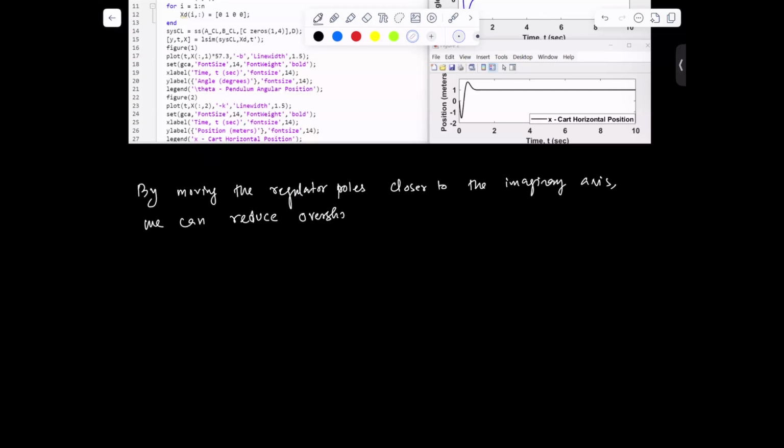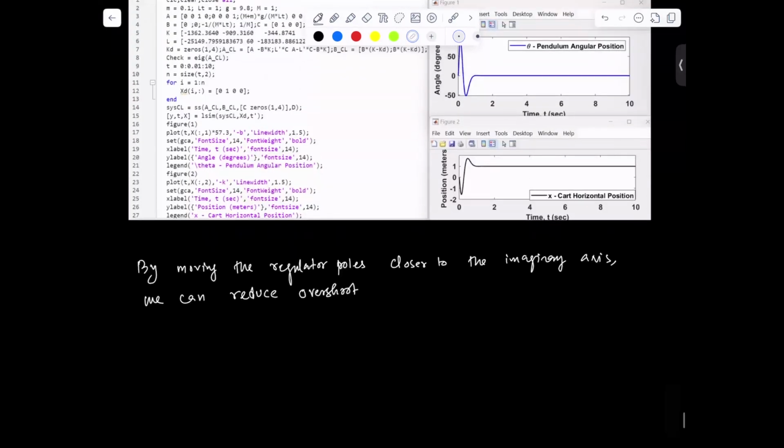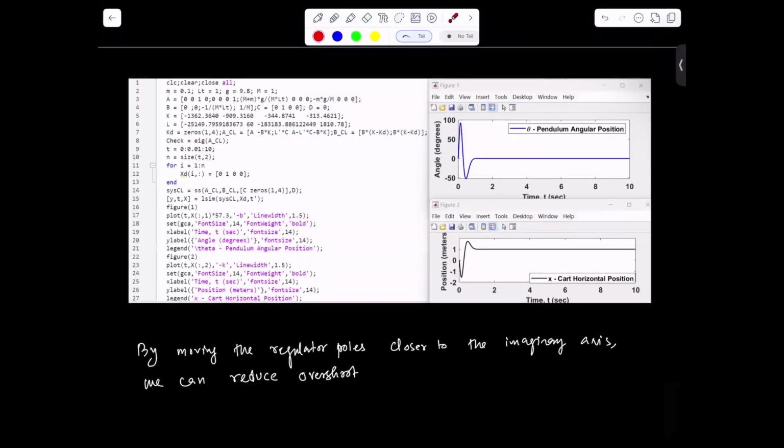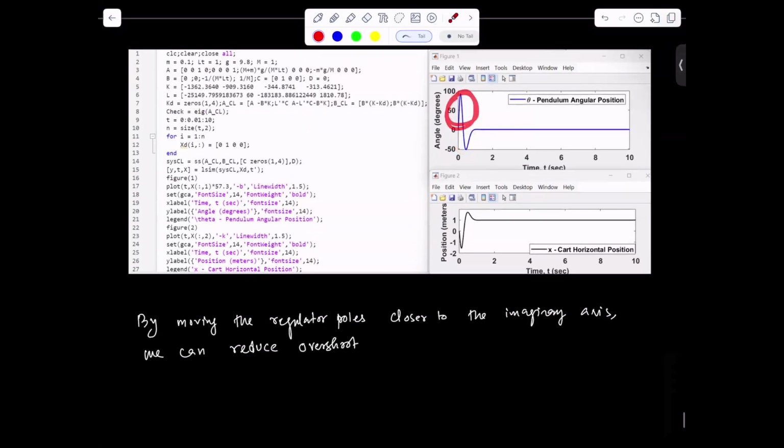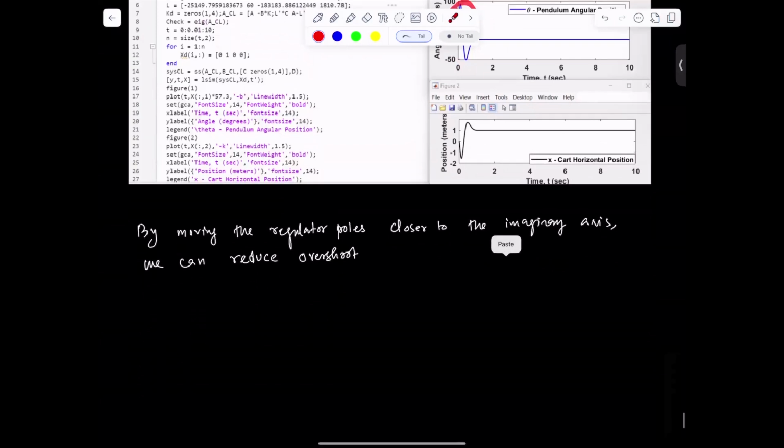Yeah, that is very important. Here, if you notice, we actually have overshoot and undershoot. So if you want to reduce this overshoot, we need to place the desired poles close to the imaginary axis, which can increase the settling time.